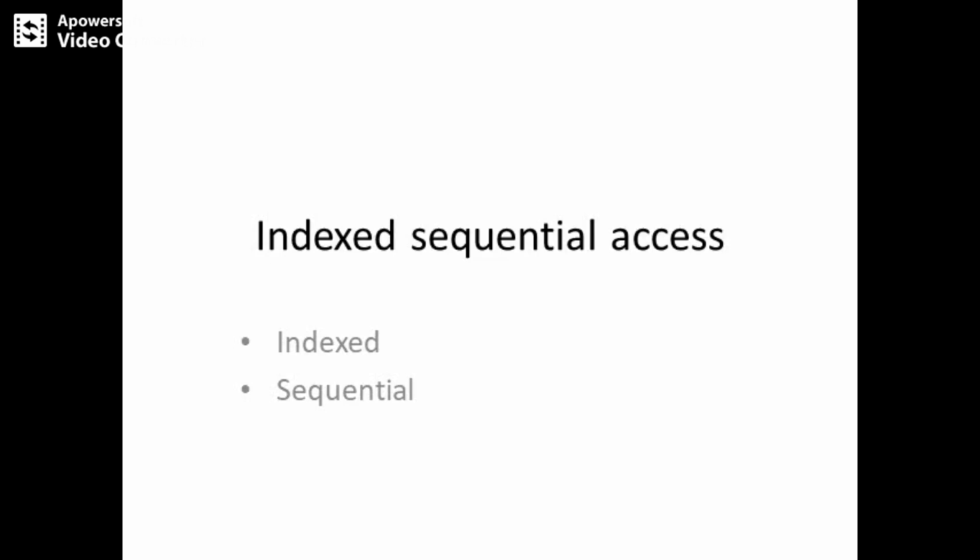you need to go to each and every record, and you need to access the particular record whichever you want to. So if your record is at the last position, then it will become a worst case in sequential access. But in indexed access you can get a direct access. So in this particular section, let us see how we can have indexed as well as sequential access together.